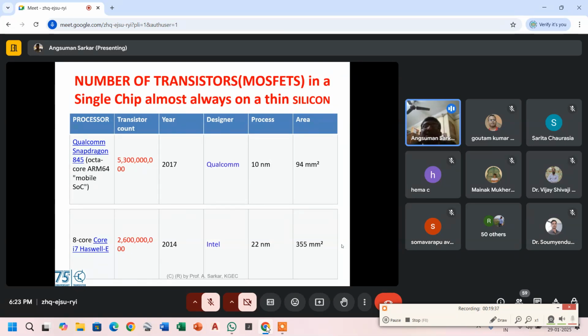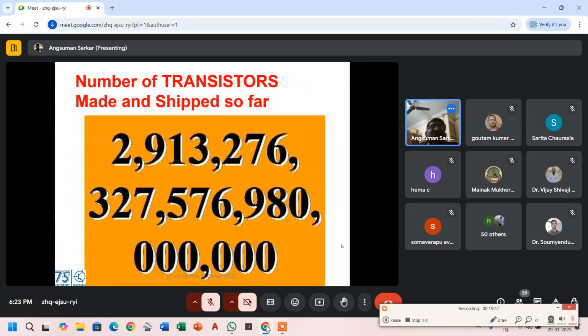So see the number of transistors, or the number of MOSFETs, in a single chip, almost always on a thin silicon. See the number of chips, it's an amazing number. So number of transistors made and shipped so far in this world. There is nothing else made by humans in such an enormous number.